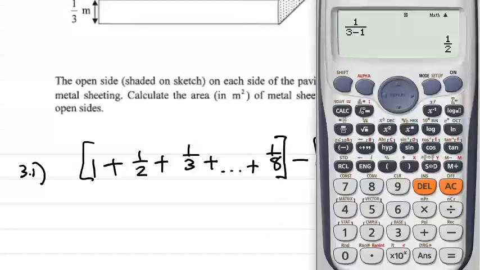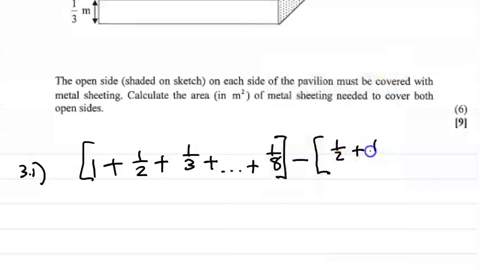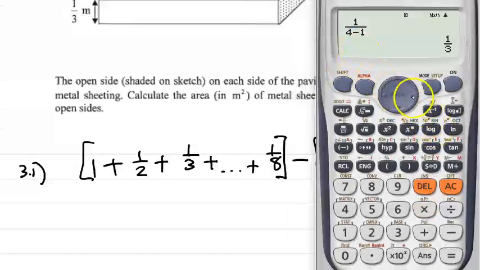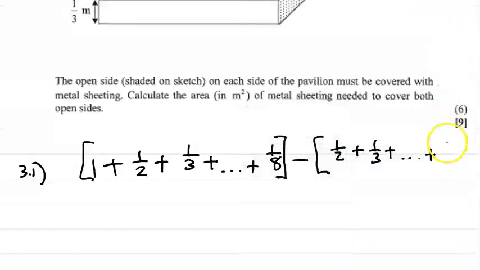Plus, and then the next term for y will be 4, so that's 1 over 4 minus 1 equals 1 over 3. That's plus 1 over 3 plus, and now let's write the last term. y will be 10 for the last term, so 10 minus 1 is 9, that's 1 over 9.